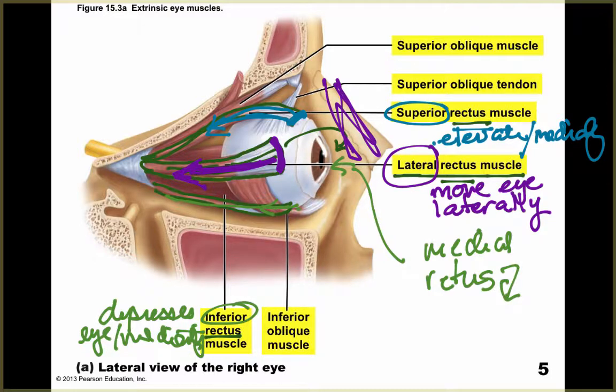And that, because it's on the inside, when it shortens, it's going to make the eye go medially. Now, please don't write left, right on these, because depending on which eye you're looking at, left and right is going to be different. So make sure you're always using these terms.